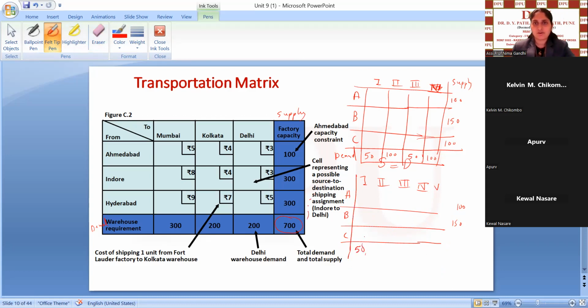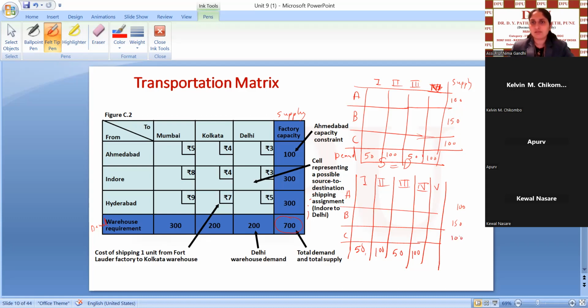So the demand at destination 1 is 50, destination 2 is 100, destination 3 is 50, destination 4 is 100. So what is the total here? 100, 100, 200, 300. So the total here is 350, right? 100, 150 and 100.